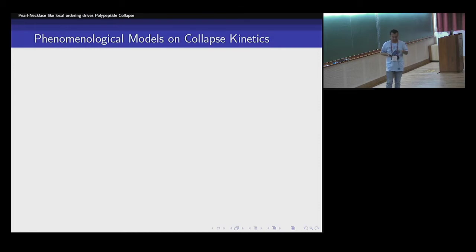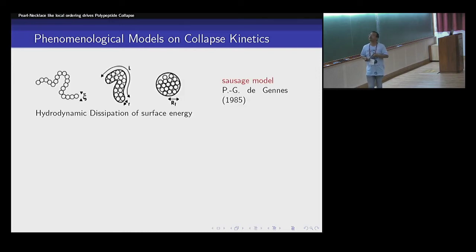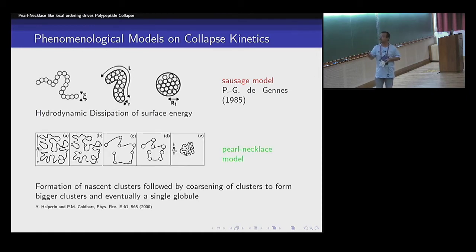here is some background. As I said, there were not many studies on the kinetics of polymer collapse, even on coarse-grained homopolymer models. But long back in 1985, Jain already proposed a phenomenological model for the kinetics of collapse, where this collapse occurs globally via the formation of an intermediate structure which is sausage in shape, and then via minimization of the surface energy, you see a spherical globular structure.